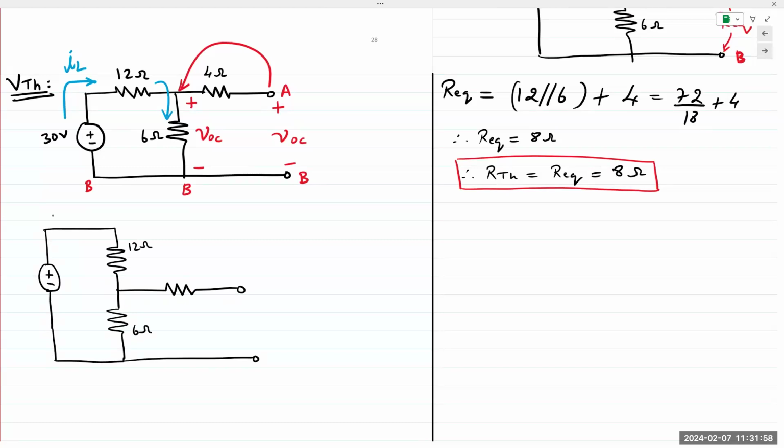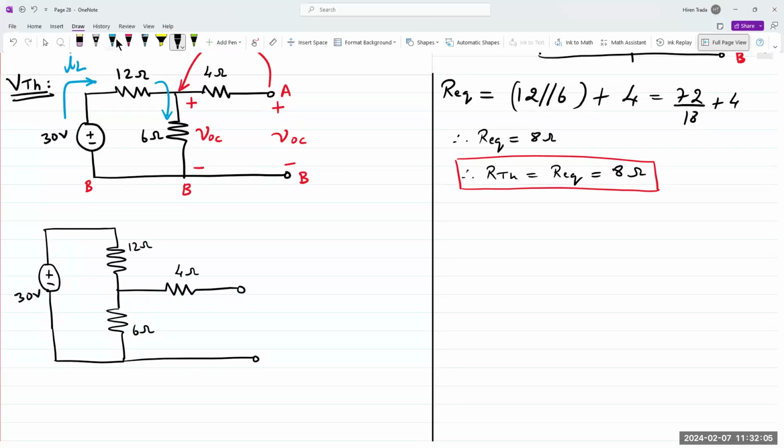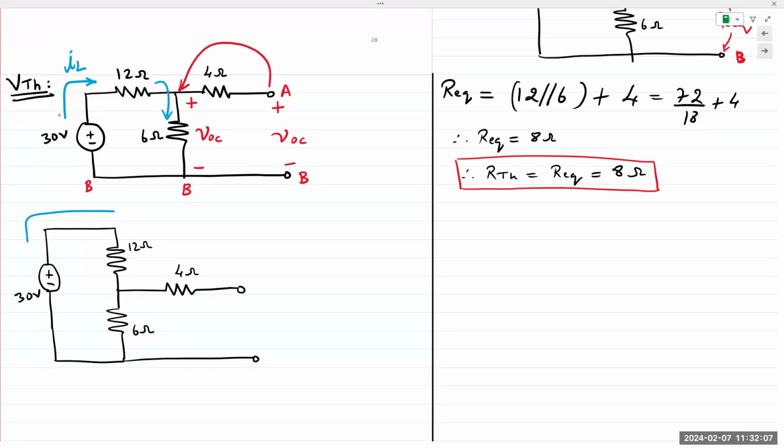This is 6 ohms. This is 30 volts. I have total current IL flowing through here. IL also continues to flow through the 6 ohm resistor. Nothing goes down 4 ohms.